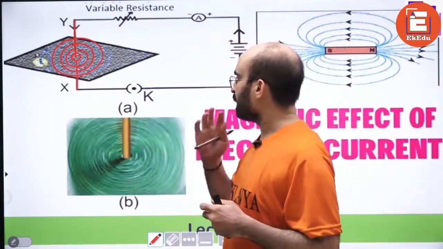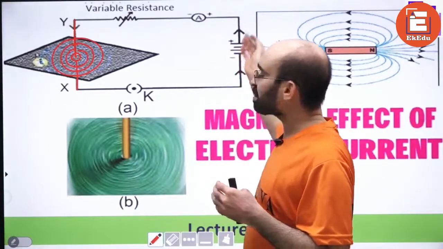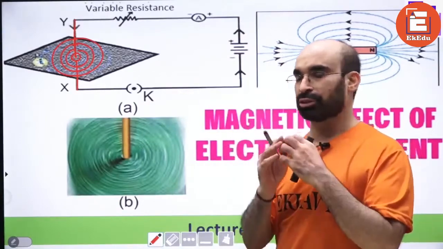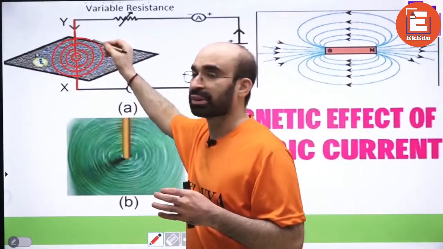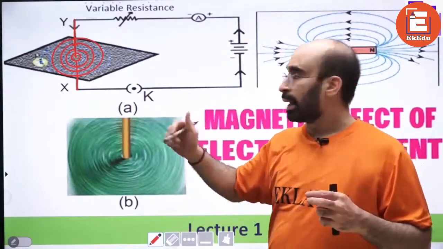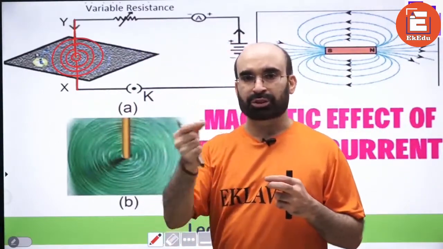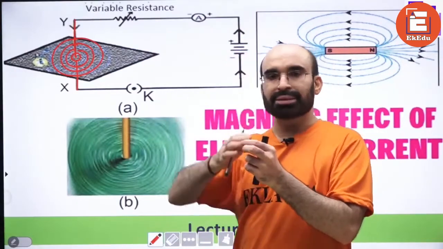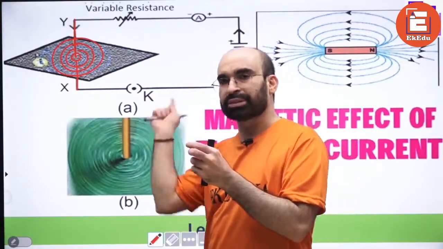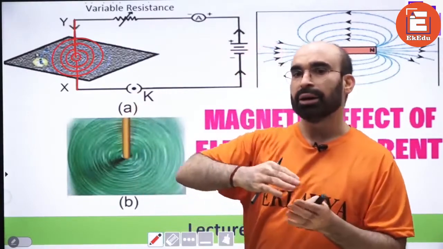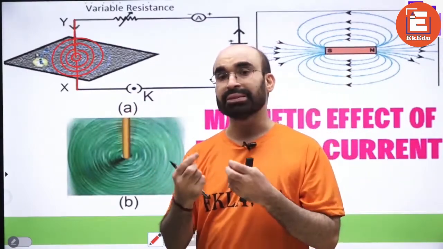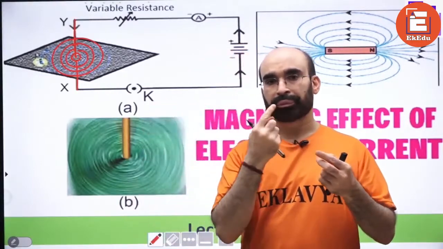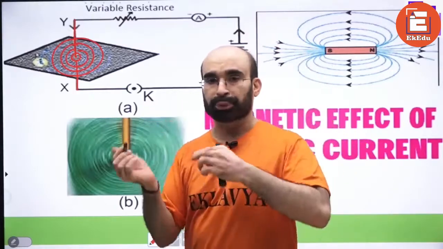Second thing is that when we reverse the direction of current, if we place a compass here, then in one direction of current the compass will align itself in some direction, and if we reverse the direction of current, it is in the other direction. That means the compass aligns itself in the opposite direction.